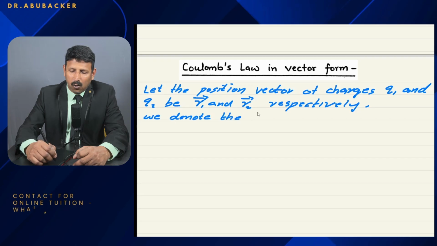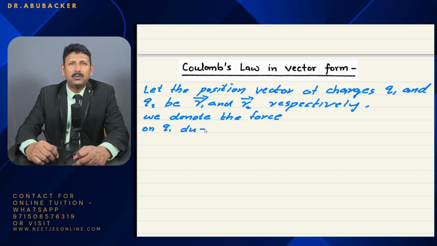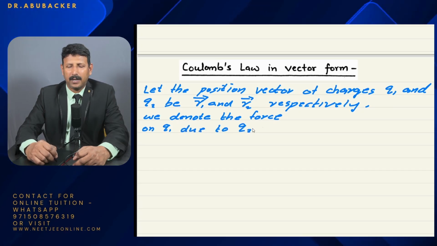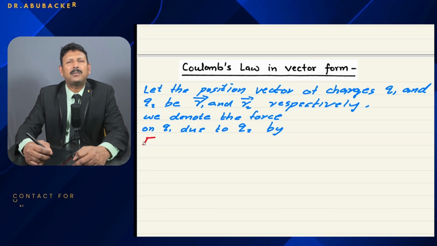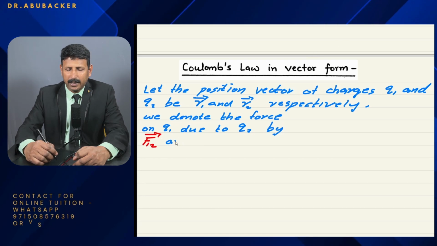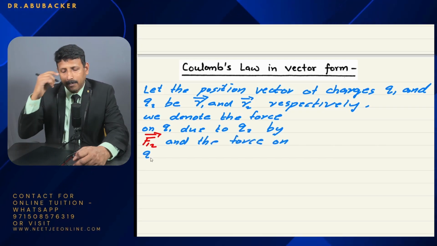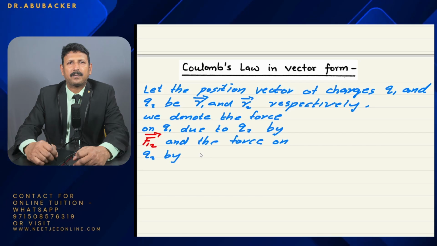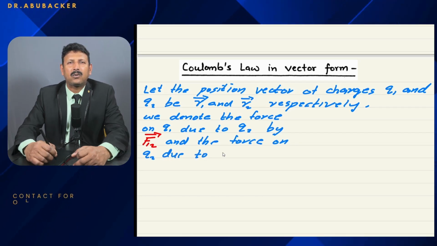And the force on Q2 due to Q1 is denoted by capital letter F21. If you read this two times, your doubt will be cleared. So let me write F12 is equal to minus F21. Why? Because they are equal and opposite forces.